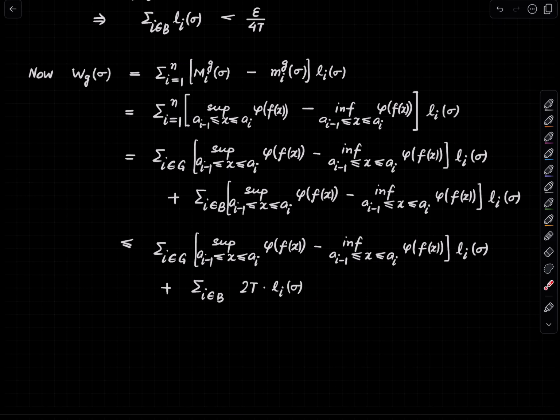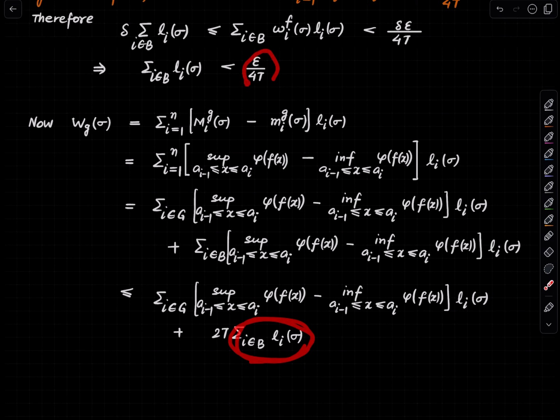But what are we doing? We can just take this 2t outside. And we know a bound on this. This is at most epsilon by 4t.